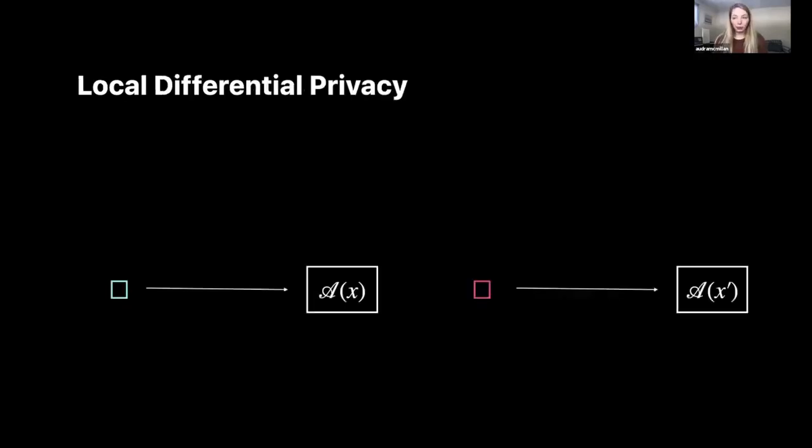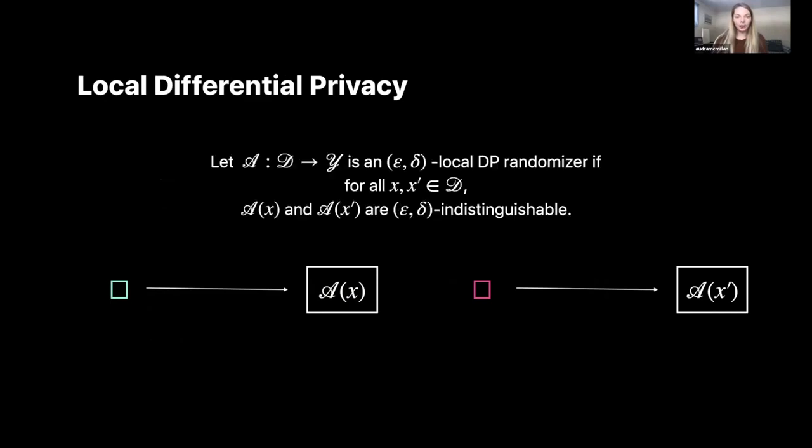Okay, so I need a different notion of privacy for this, but very similar. Now instead of having a database, I have a single data point, and I have X and X prime, green or pink. I'm going to say an algorithm A that maps from my data universe into any space is an epsilon-delta local randomizer if, for all possible pairs of data points X and X prime, the output distributions A of X and A of X prime are epsilon-delta indistinguishable.